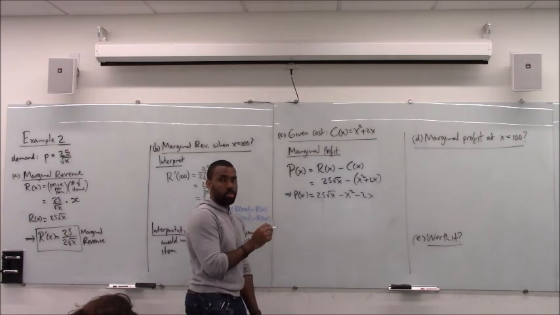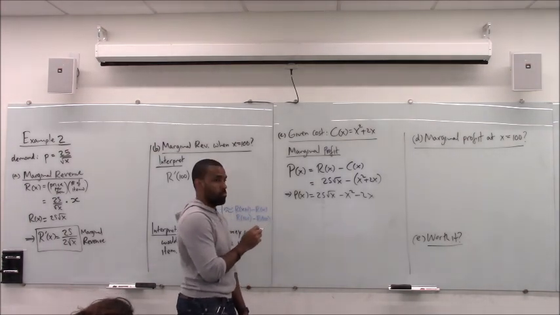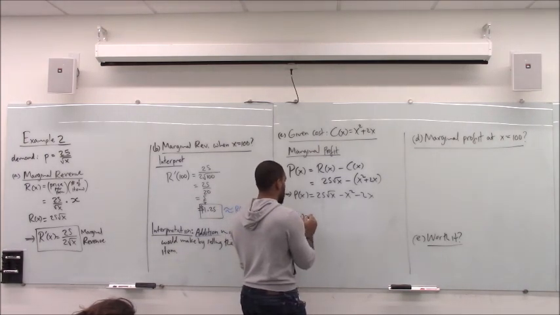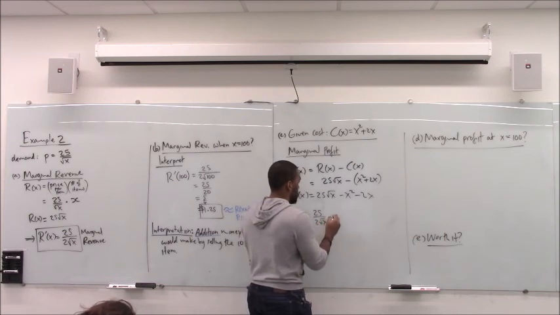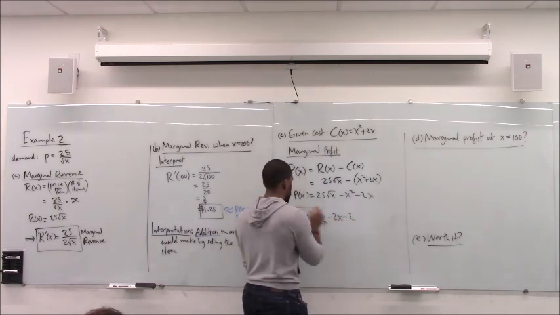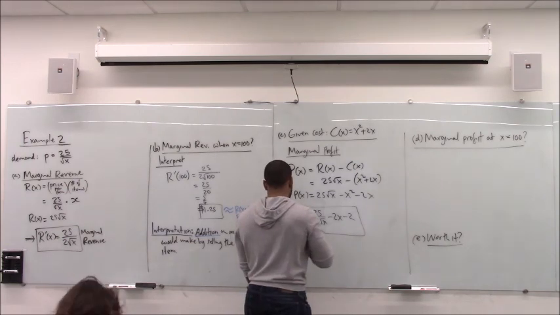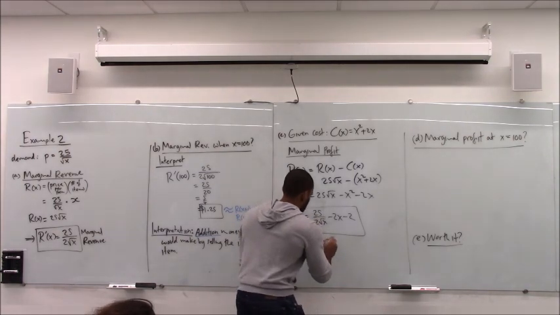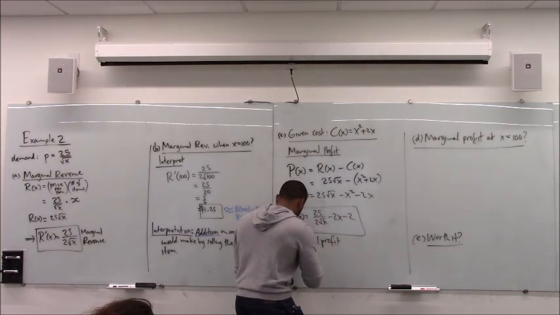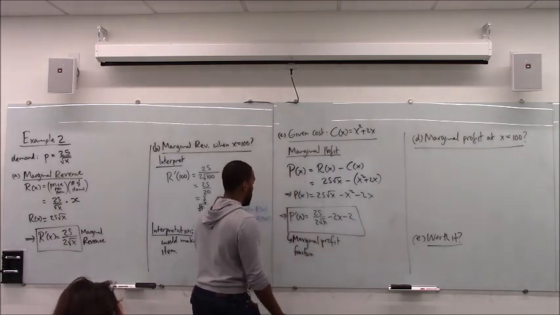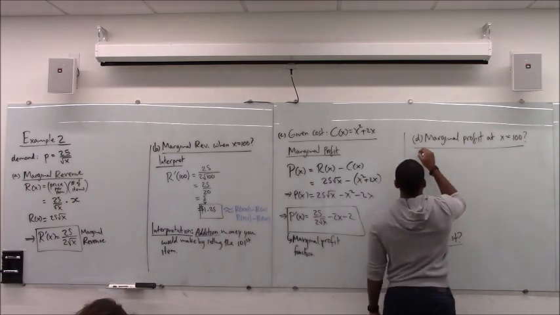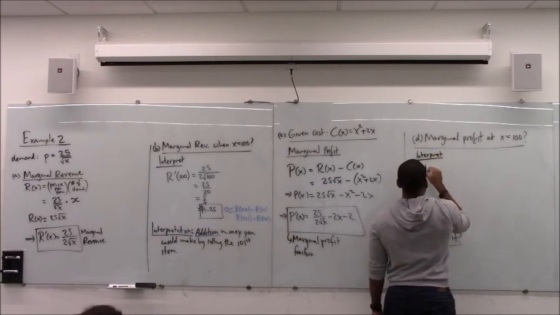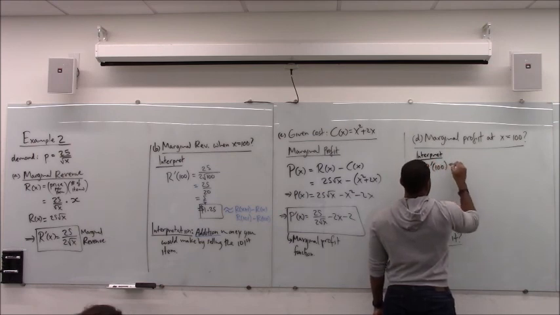Let me find marginal. This is marginal profit. It's the marginal profit function. So marginal profit at X equals 100 would just be P prime at 100.